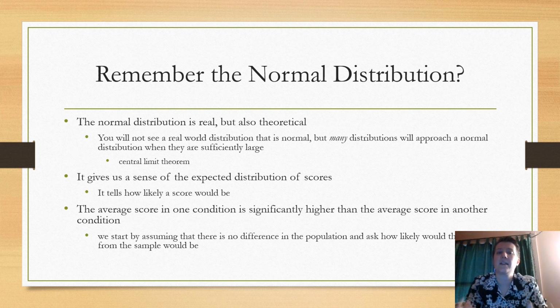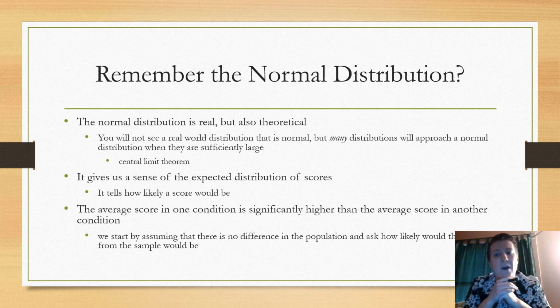So this normal distribution gives us a sense of the expected distribution of scores and how likely a certain score will be. So when we say the average score in one condition is significantly higher than the average score in another, we use the normal distribution to ask, what's the likelihood that, since we always assume there's no difference in the population, these samples are what they are?